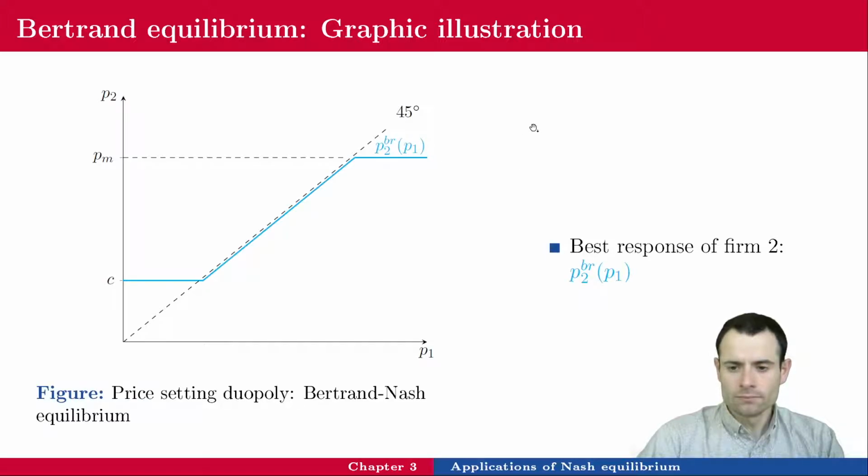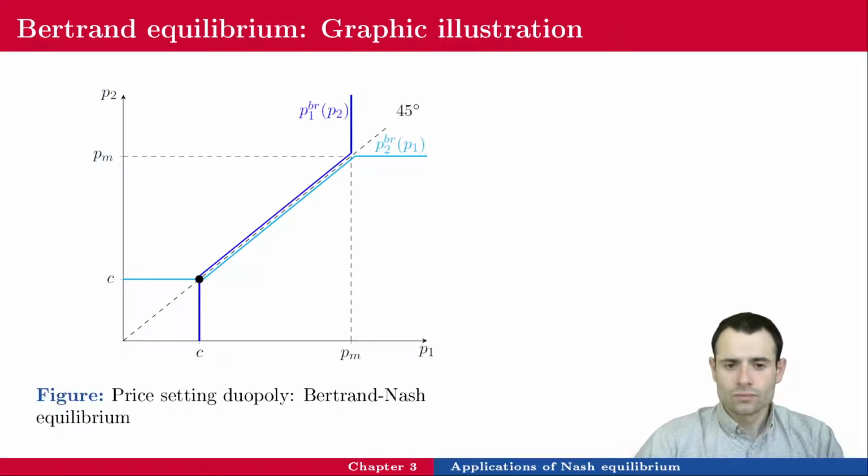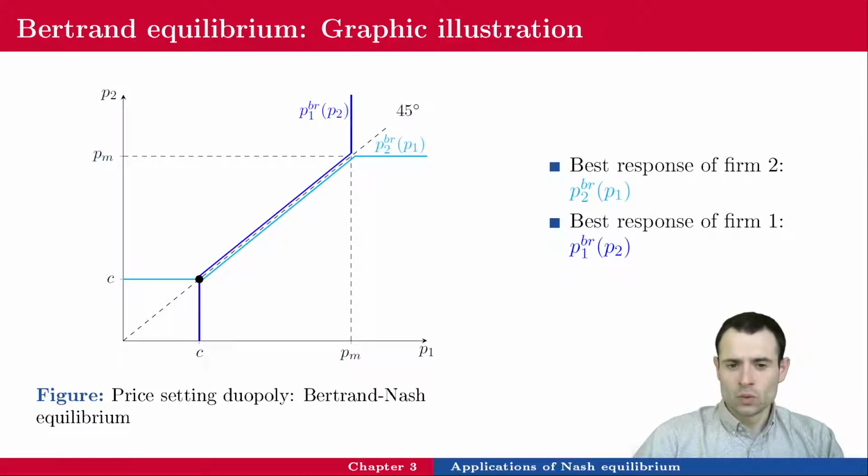Okay? Now, let's do the same thing for firm 1. So we have to do the reverse. It's kind of less intuitive to do the reverse, but let's go over it. When firm 2 charges a price between 0 and the marginal cost, anything here, firm 1 wants to charge exactly the marginal cost. So that's why it is vertical here.